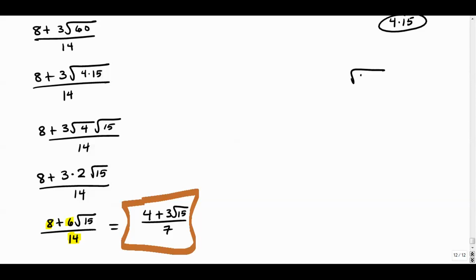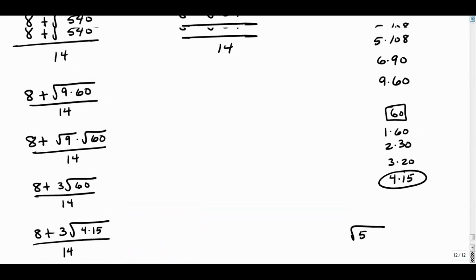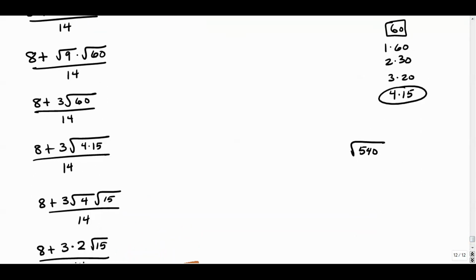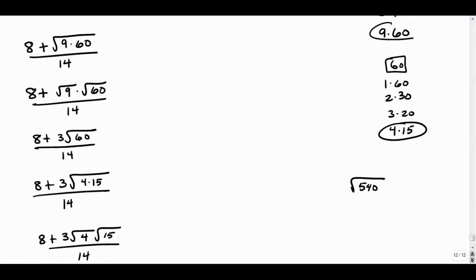So long story short, if we're looking at the square root of 540, which is what we started with, if you saw that it breaks up into, if 9 times 60 works, then 540 should break up into, instead of 9 times 60, I think 36 times 15 would work as well.